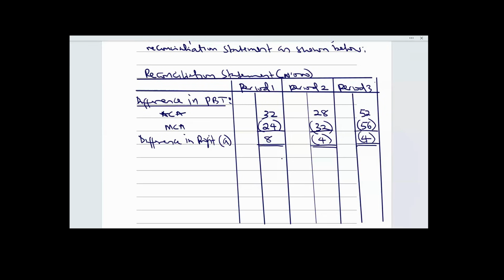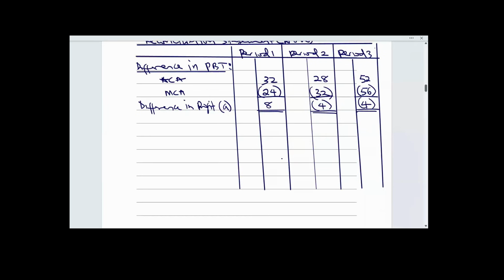So we also need to determine difference in stock valuation. So I will then come here, difference in stock valuation. Under this, we are going to start with closing stock for ACA and then MCA.